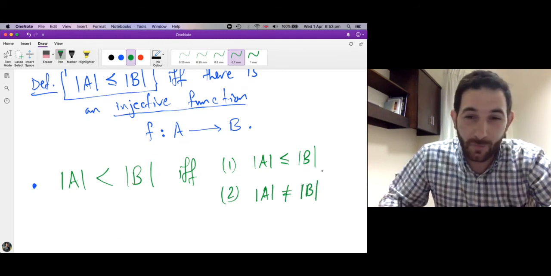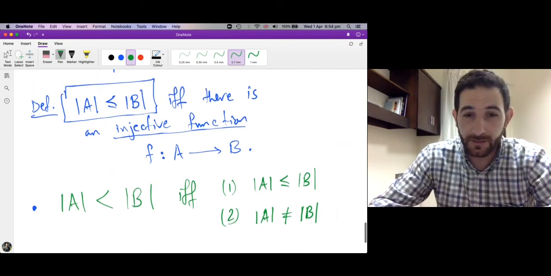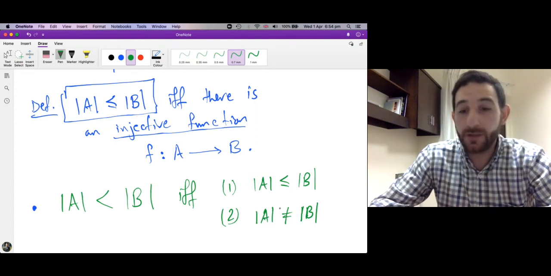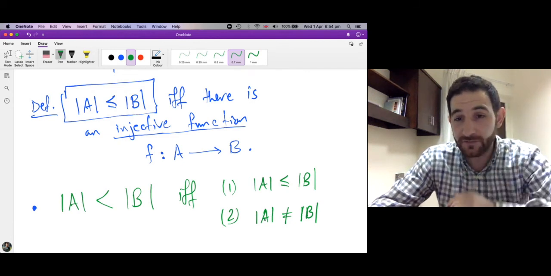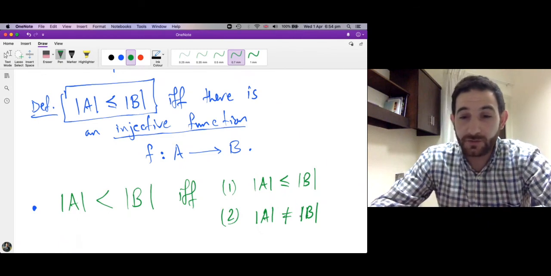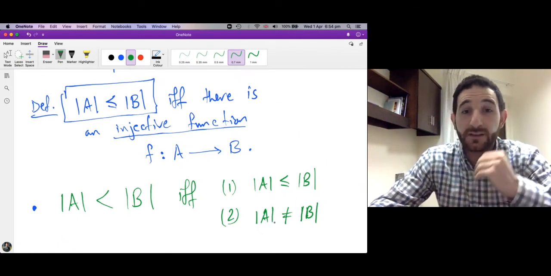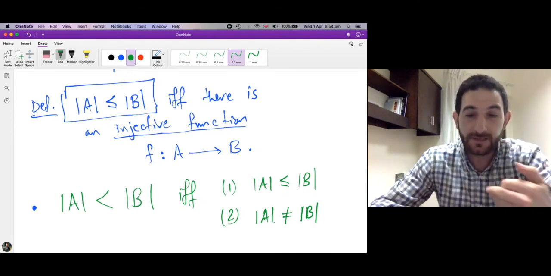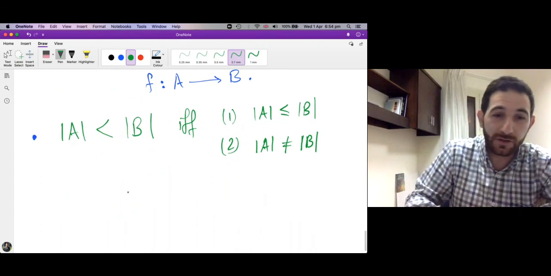But again, what is point 1? Point 1 means that there is an injective function from A to B. And point 2 means, how did we define that two sets have the same cardinality? It means that there is at least one bijective function from A to B. So they are not equal means the negation of this statement, that there does not exist a bijective function from A to B. Okay, so let me write all of this.